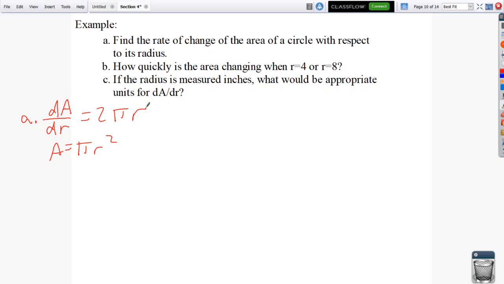Okay, all right, cool. So the rate of change of the area with respect to the radius is 2 pi r. For part B, we want to find how quickly the area is changing when r equals 4. What we would have to do is dA/dr evaluated at r equals 4, which is just going to be 2 pi times 4, which is equal to 8 pi.